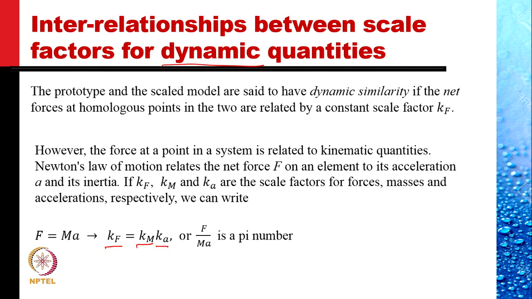And as we have converted the relationship between scale factors to a pi number, we can obtain F by Ma is a pi number. So the value of F by Ma is the same in the prototype as in the model if the phenomena is similar.